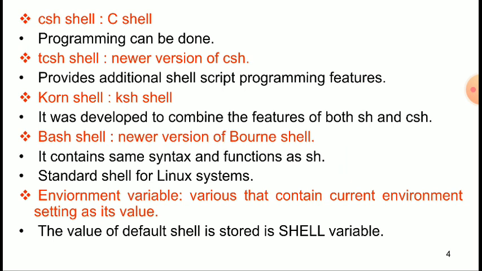It was developed to combine the features of both SH and CSH. Next is the Bash shell, that is a newer version of the Bourne shell. It contains the same syntax and functions as SH, and is the standard shell for Linux systems.